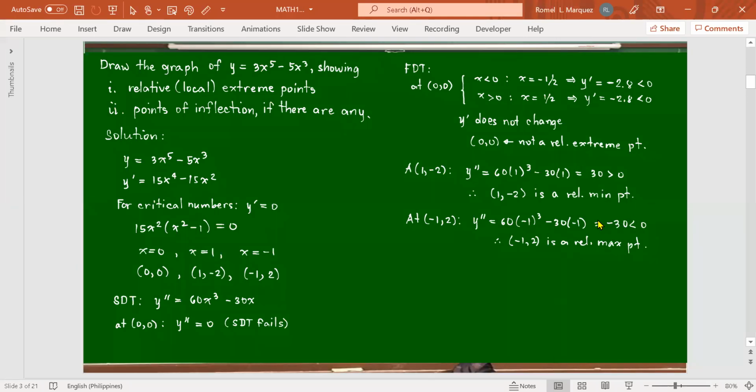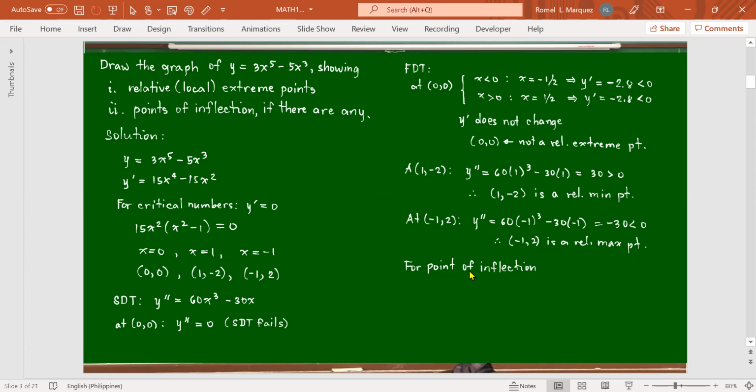What about the point of inflection? For point of inflection, all you have to do is equate y double prime to 0 and solve for x.